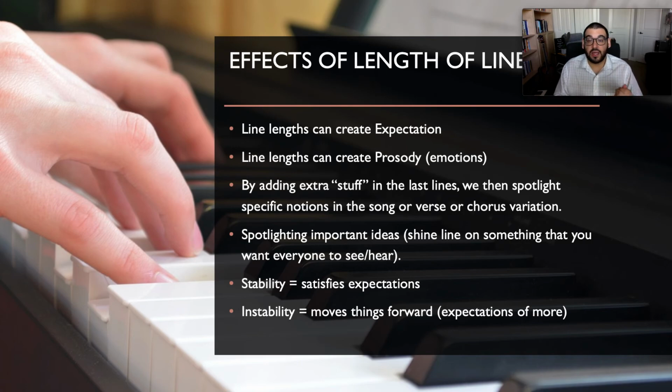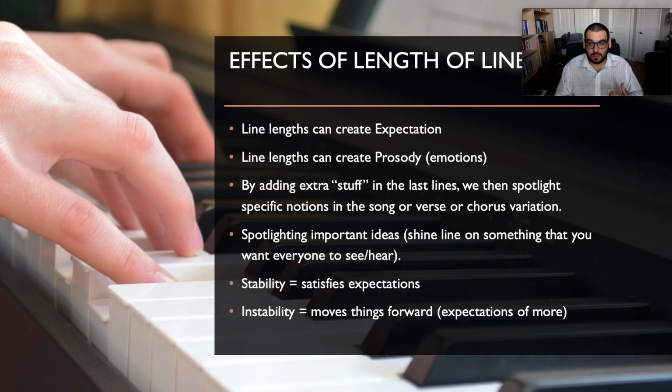Line lengths can create prosody, can create emotions, can create the sense of everything coming together for a specific reason to highlight whatever the idea of the song is. By adding extra stuff in the last lines, you can then spotlight specific notions in the song or verse or chorus variations. By spotlighting these important ideas, you're shining light on a specific chunk of the line that you want your audience to see or hear in the lyrics.